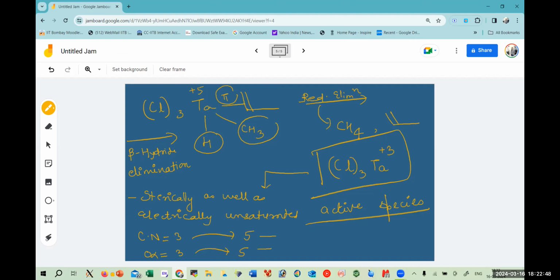Also, if you count its total electrons, each chloride gives 2 electrons, and one tantalum in +3 would give you 2 electrons, right? Tantalum belongs to the vanadium group, and in vanadium, we know there are 5 electrons, and when you take 3 electrons away, only 2 electrons are left.